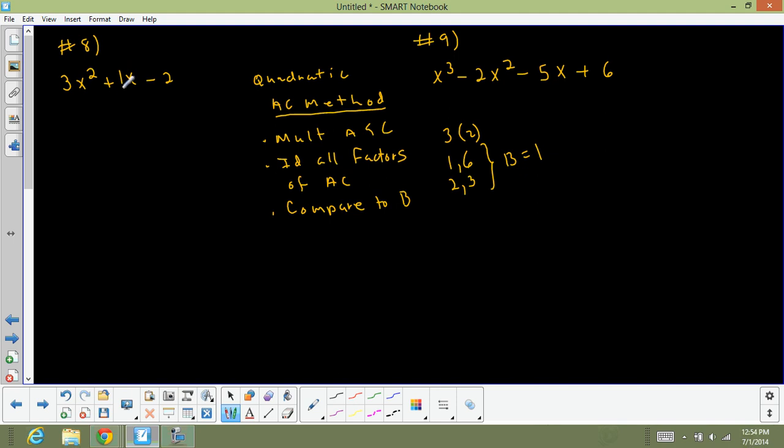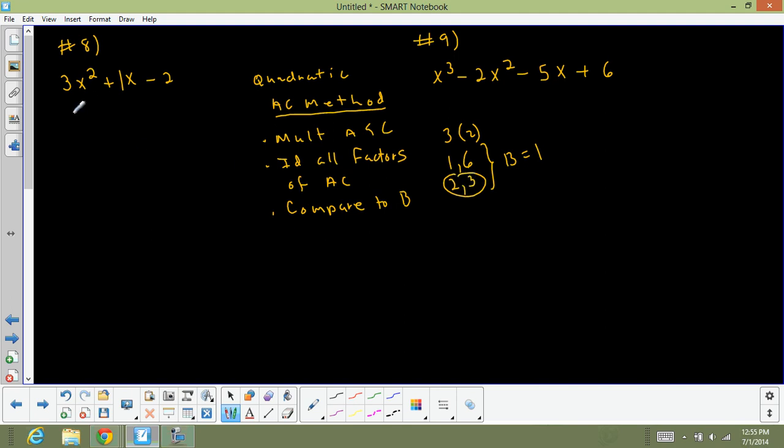It's right here. Right? And so looking at these pairs, I'm going to utilize the 2 and the 3, because if I do the difference between 2 and 3, I can get a 1. And more specifically, if I use a plus 3x and a minus 2x, I will obtain the 1x, which is the bx term.